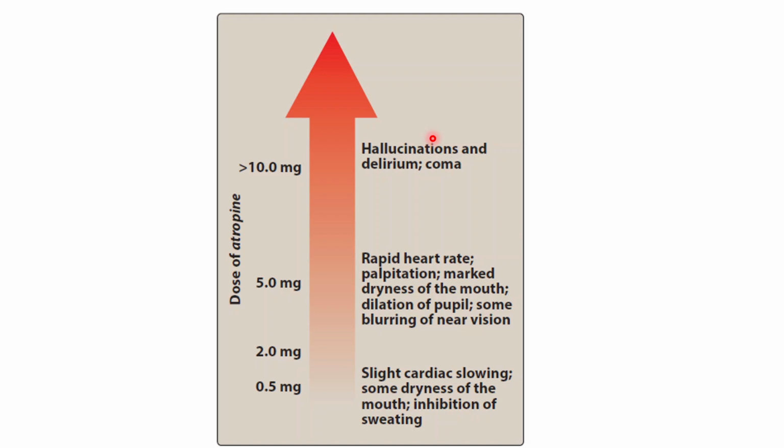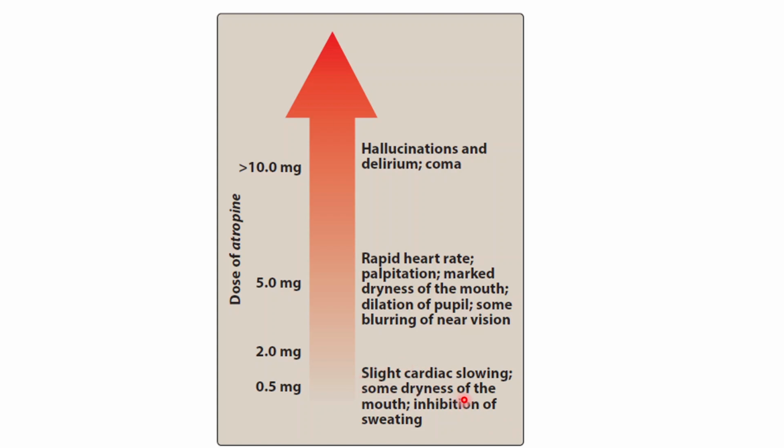So these are the symptoms of atropine overdose. Because atropine is a strong acting drug and is toxic, in therapeutic doses atropine will lead to bradycardia, because of the blocking of the M2 receptors in the heart.